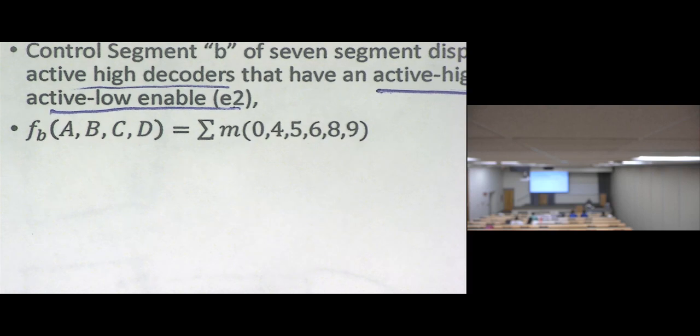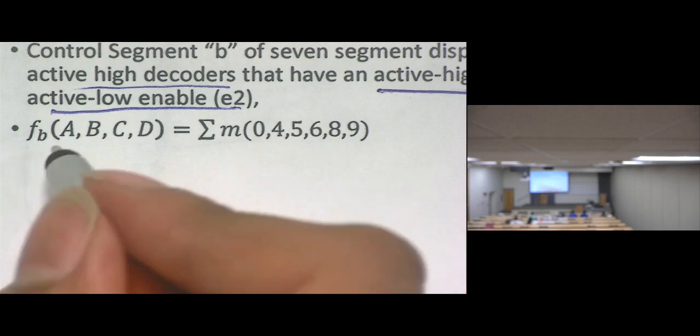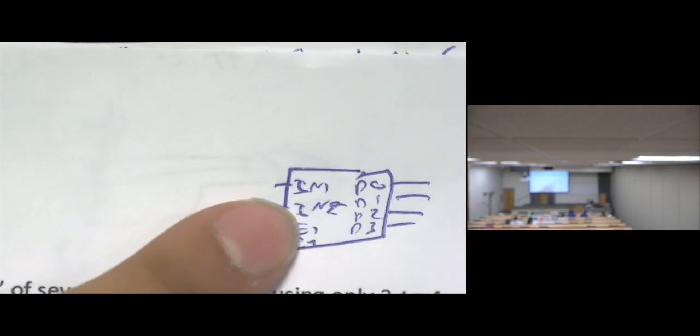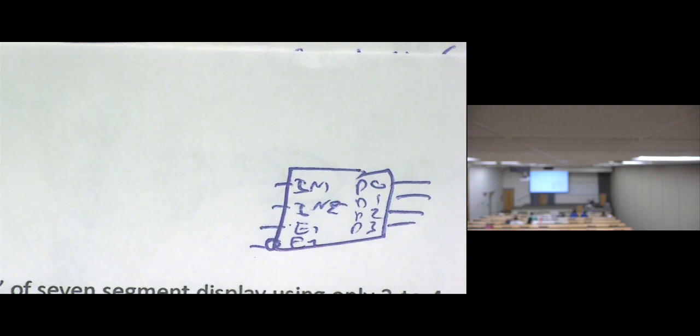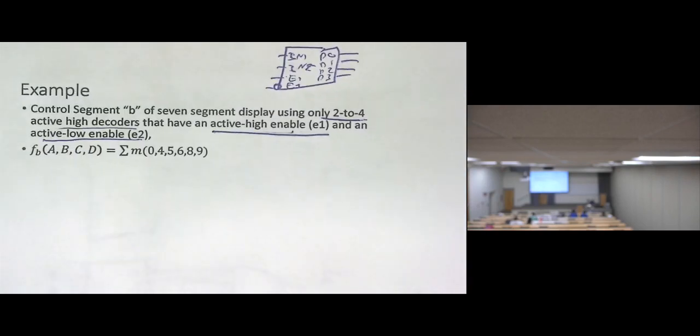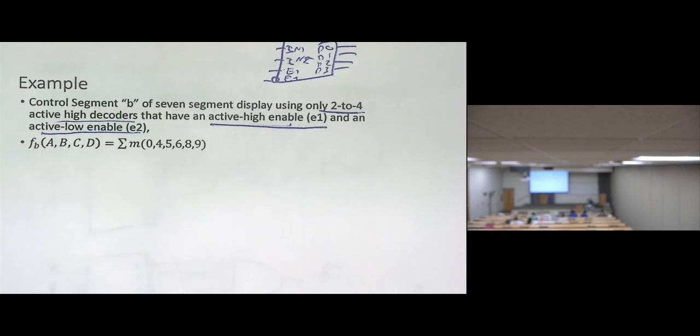So most likely, how many inputs do I have here? 1, 2, 3, 4. 4 inputs. How many inputs do I have here? 2. So what should I do? How can I make this one handle 4? I can use multiple decoders, not only one.